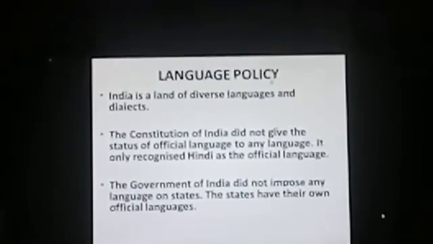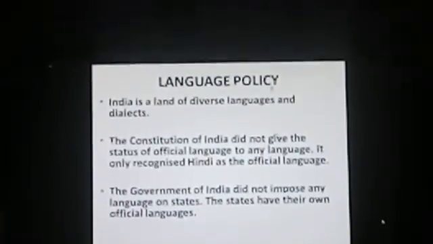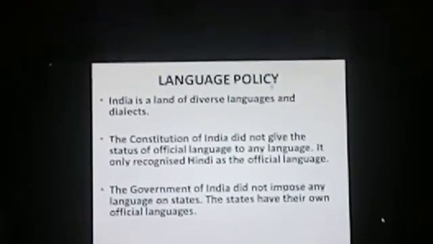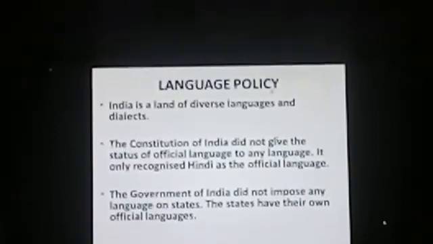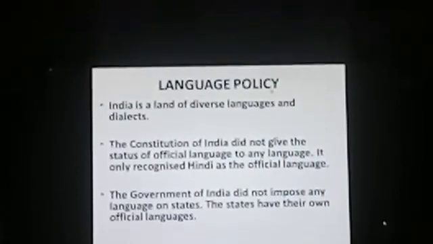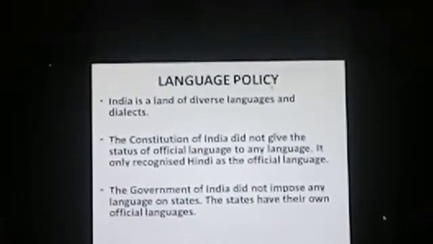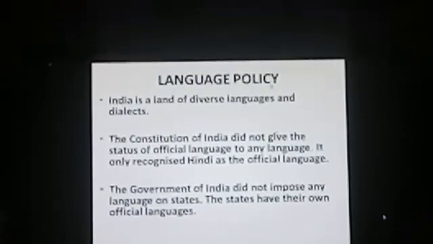This was a second test for the Indian Federation, the language policy. Though Hindi was identified as the official language, it is the mother tongue of only 40% of Indians.